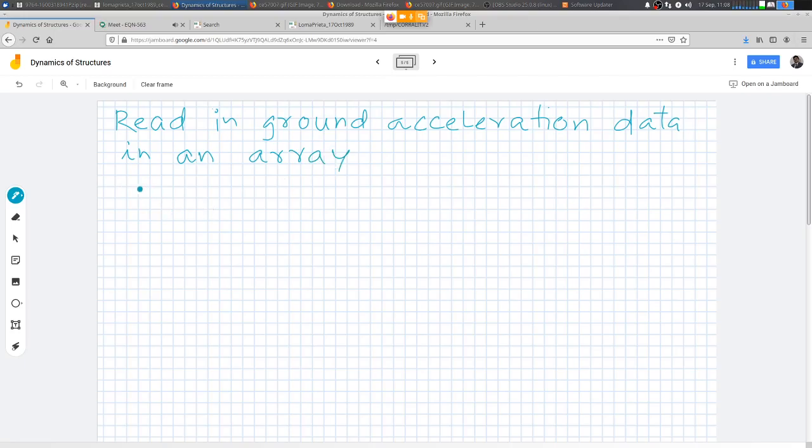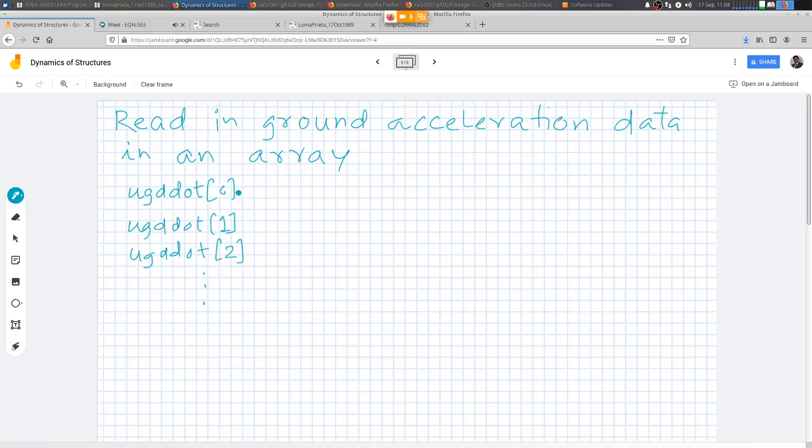So you will define an array, let's say UG D dot 0, UG D dot 1, UG D dot 2 and so on, right? So this is what it is.